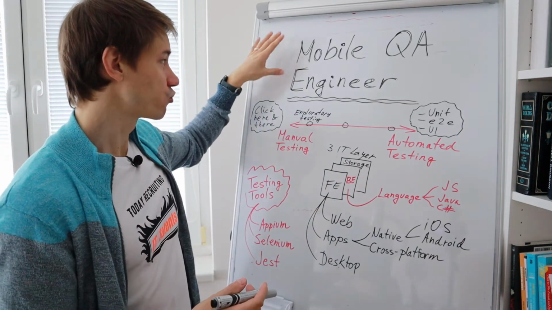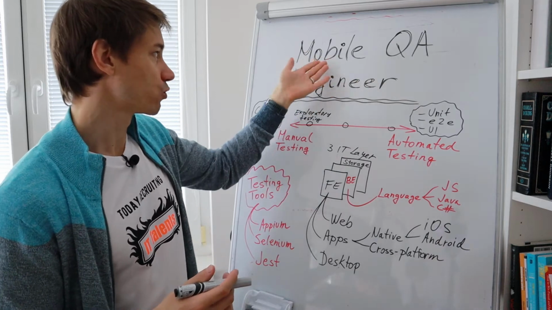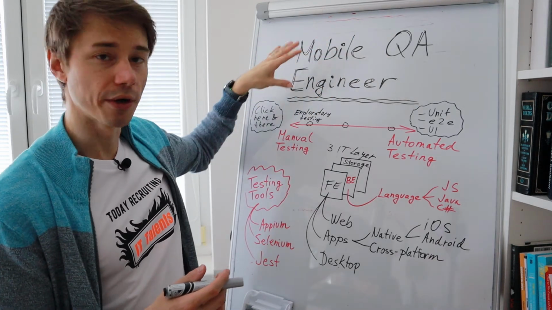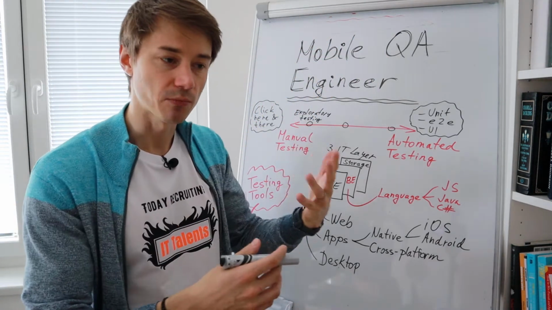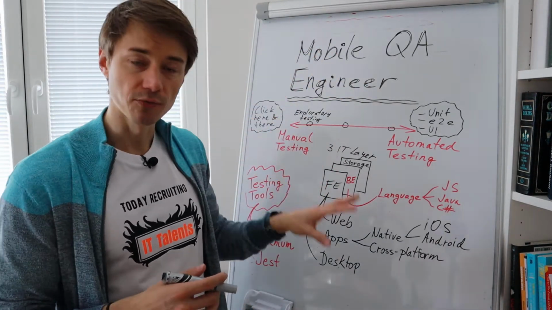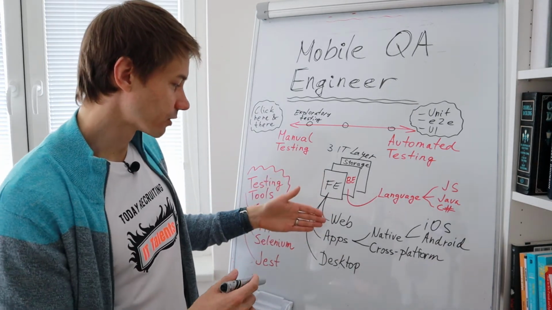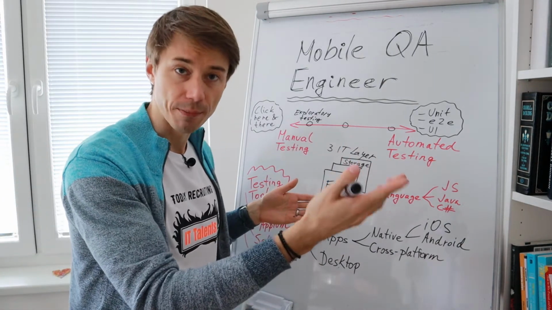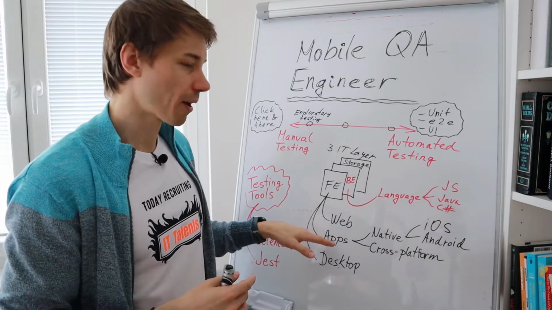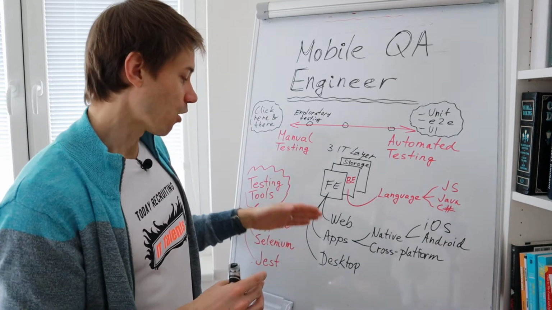Hey, cool, it's great that you are telling me you are looking for a mobile engineer. Actually, in this case, it was mobile, but at first he said just QA engineer. And then we reframed the role after he said he wants to focus on front end, especially front end mobile. The front end could be web, so a website, or mobile applications, so iOS or Android applications, or desktop.